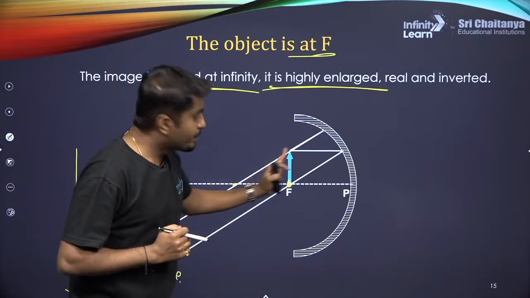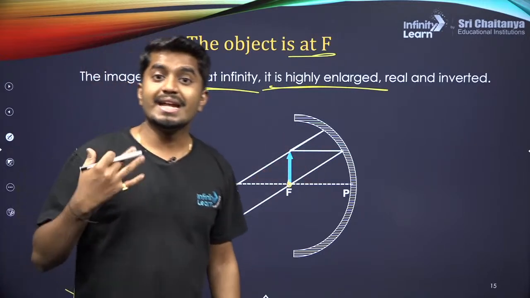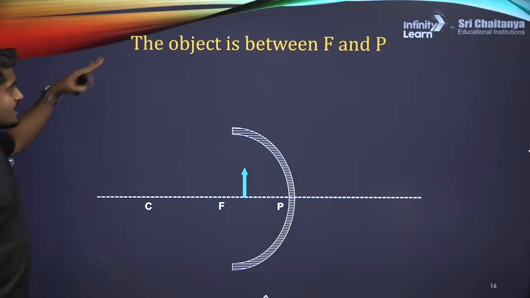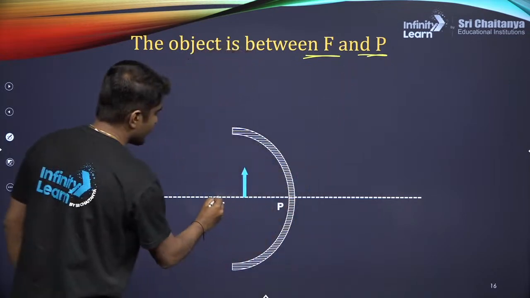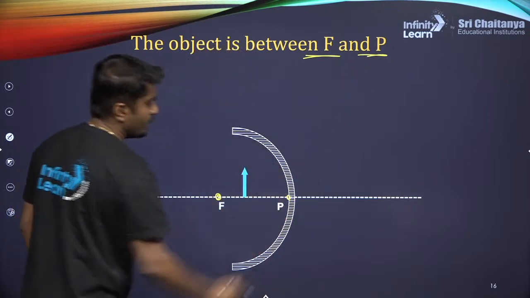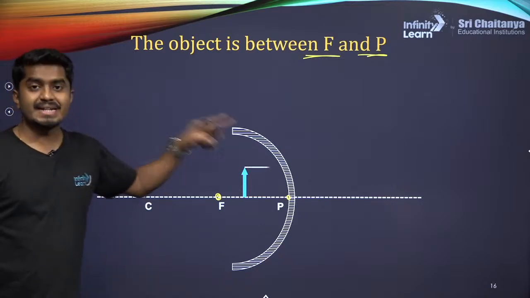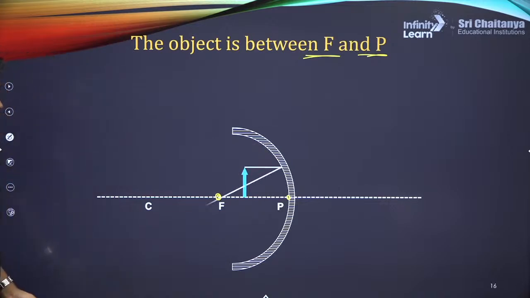So now if you bring the object even closer to the mirror, something interesting is going to happen. Let's see that. Now the object is between the focus and the pole. There is our focus, there is the pole. So what will happen? There is the object, again the incident ray parallel to the principal axis will pass through the focus.